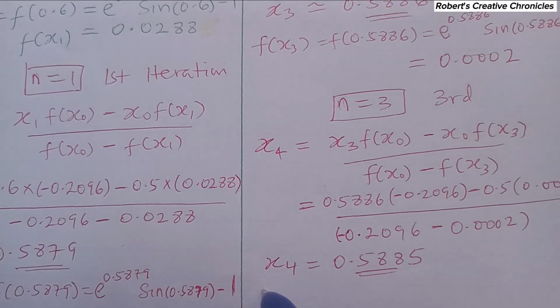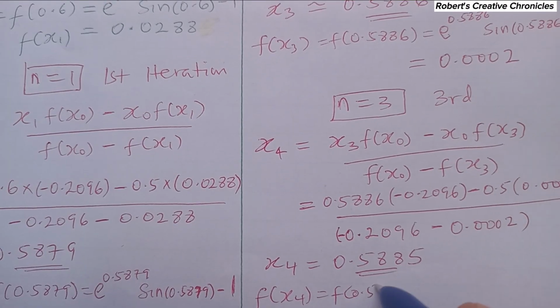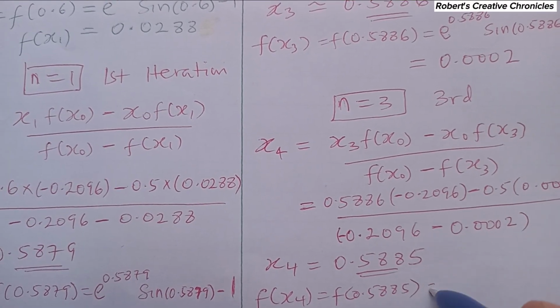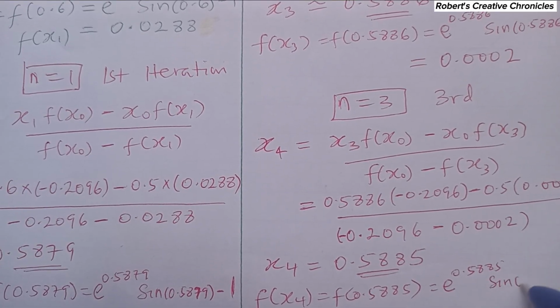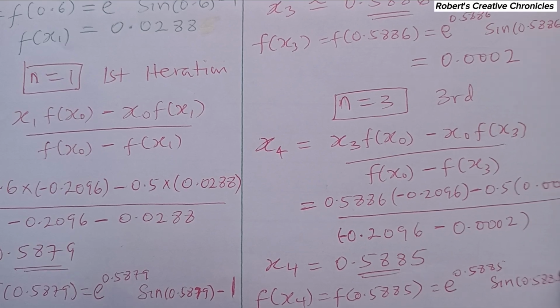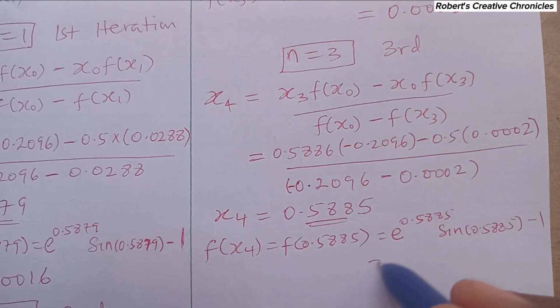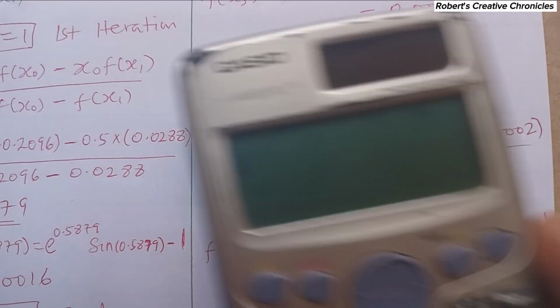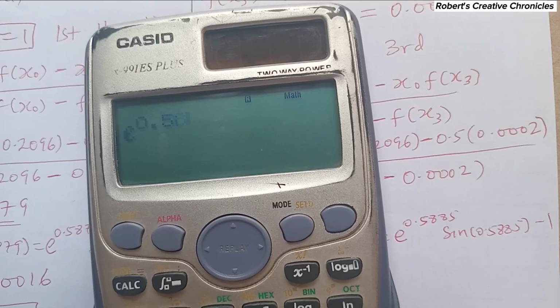So we'll find the function f(x4) equals f(0.5885), which is exponent of 0.5885 sine 0.5885 minus 1. Make sure it's in radian mode.